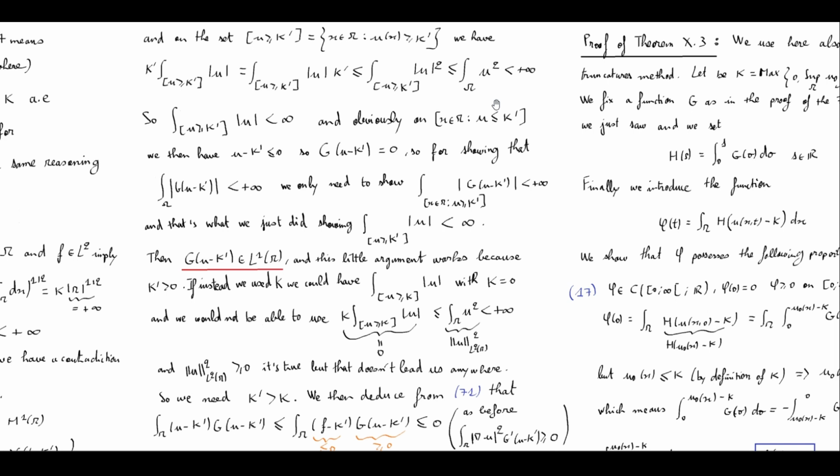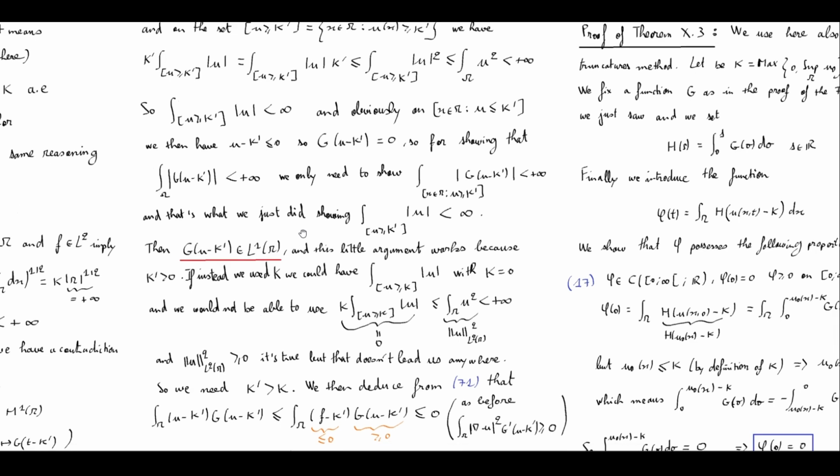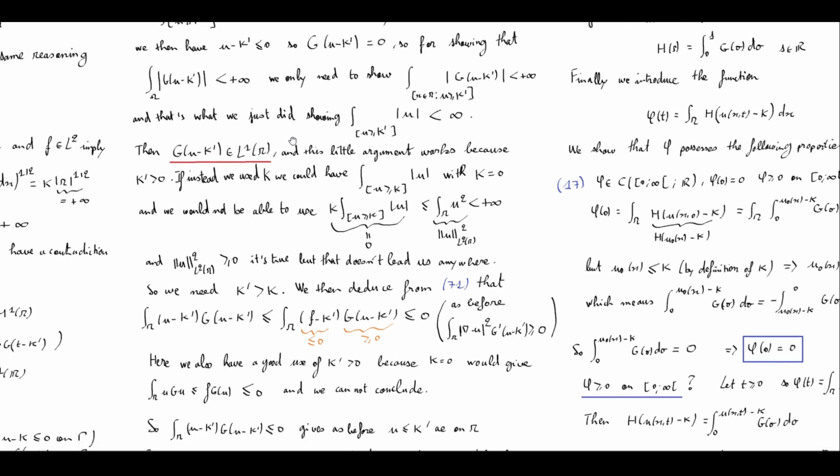So for showing that the integral of the absolute value of g of u minus k prime is finite, we only need to show that this following integral is finite, and that's what we just did, showing the integral of the absolute value of u on our set is finite. Then g of u minus k prime is in L1 of omega, and this little argument works because k prime is strictly positive.